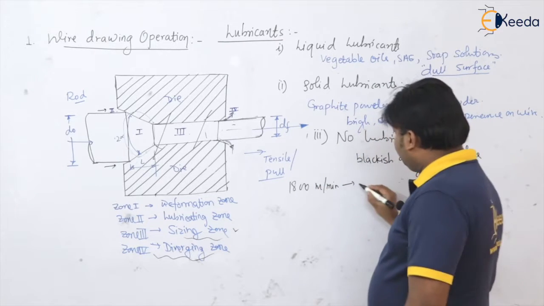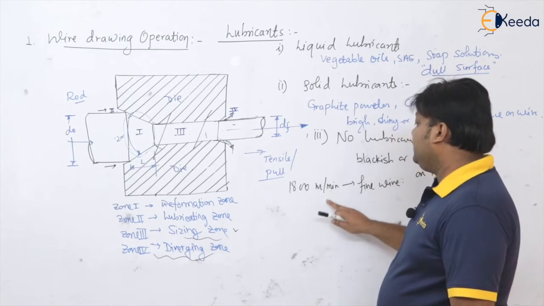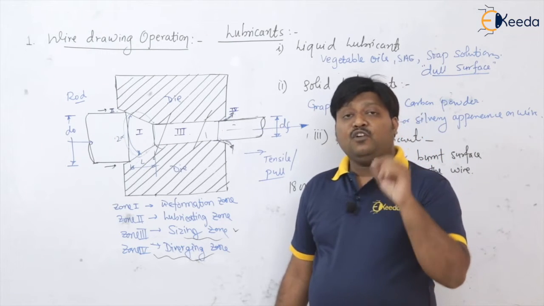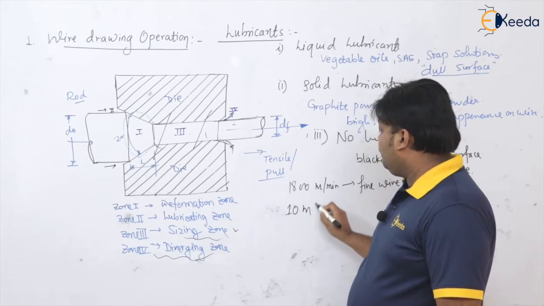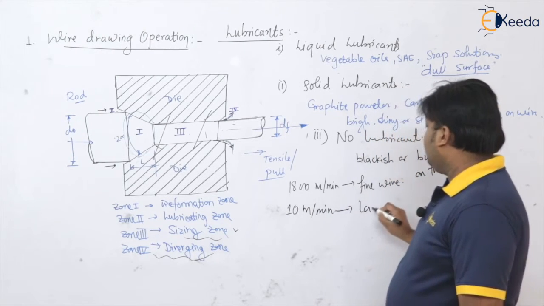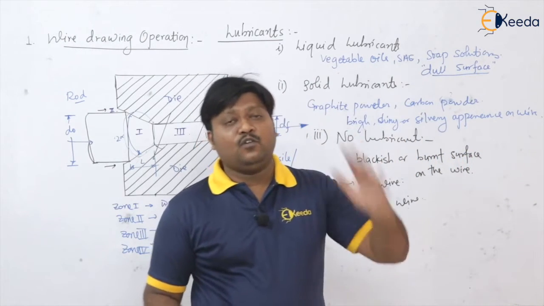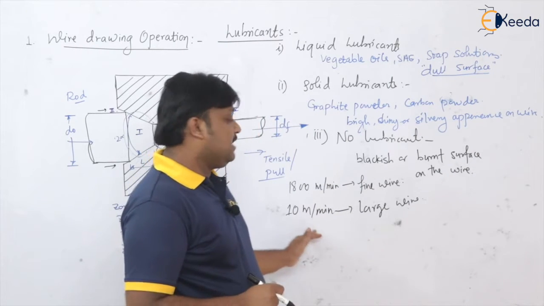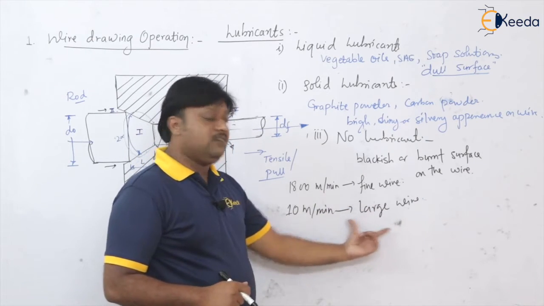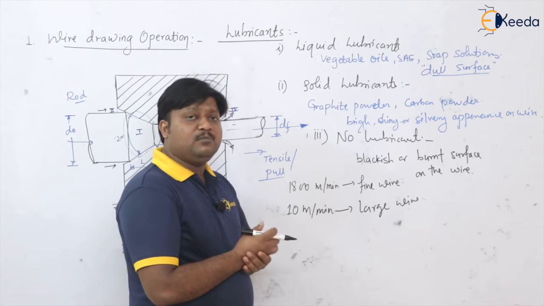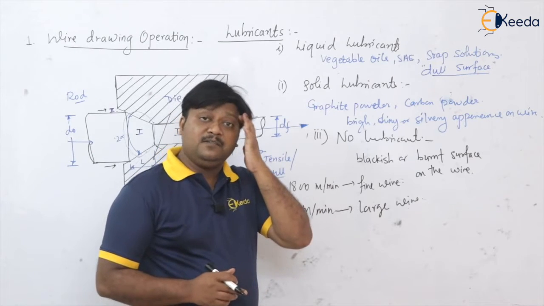Please remember, 1800 meter per minute you can go for very small or fine size wires, whereas for large size wires we can have a speed of 10 meter per minute. So the smaller the wire, the higher the speed you can go, but as the diameter goes on increasing, the speed goes on decreasing. Very large wires can have a very small speed, up to 10 meter per minute, but for fine wires this is the maximum speed we can go.